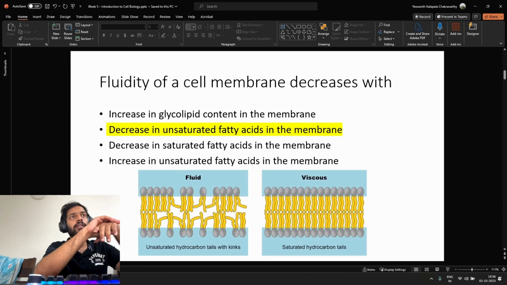But if it's saturated fatty acids, the packing is almost perfect, so very closely packed. So the membrane then becomes viscous. This is one of the major functions of cholesterol in your body, where cholesterol maintains membrane fluidity of all your cells. So yeah, decrease in unsaturated fatty acids results in decrease in membrane fluidity.